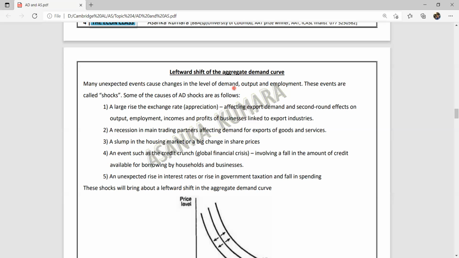Next one, unexpected rise in interest rate. With a higher interest rate, people try to save a lot instead of consuming. If so, aggregate demand falls. Investors are also discouraged at a high rate of interest. Why? The cost of borrowing is high. Next one, government taxation.